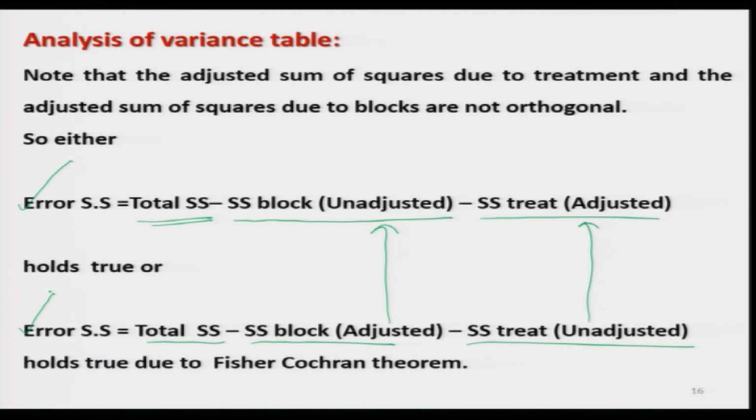It means that in case you take the sum of squares due to block and treatment both to be adjusted, or both to be unadjusted, then they are not going to be orthogonal in the case of incomplete block design.